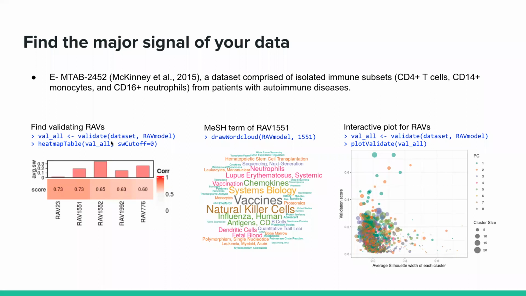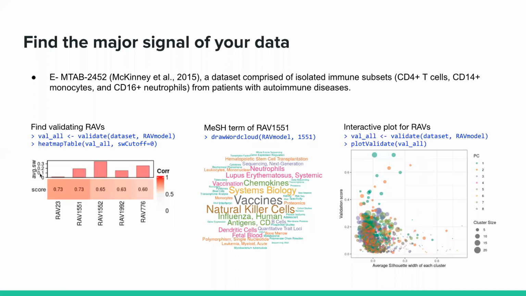This can potentially be multiple data sets here, but what this heat map shows for each of the data sets, in this case, is the silhouette width and the scores. So the score is the correlation for the loadings of a principal component in this data set to one of the RAVs in the pre-computed model.